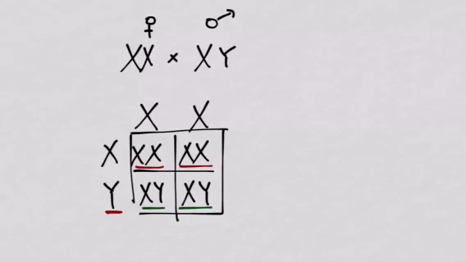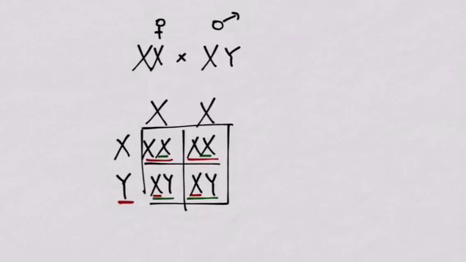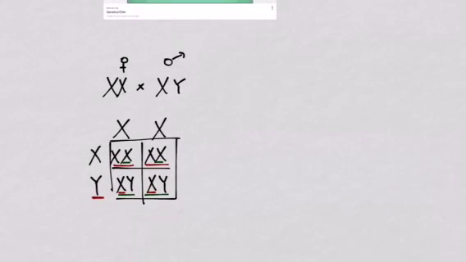All males also get a chromosome from their mother, and you'll notice that right here. All females get the X chromosome from their father, because he has one too. So if you're a female, one of your X's comes from your mom, one comes from your dad. If you're a male, the X always comes from your mom, the Y always comes from your dad. Okay, so I think that is relatively simple, makes sense.